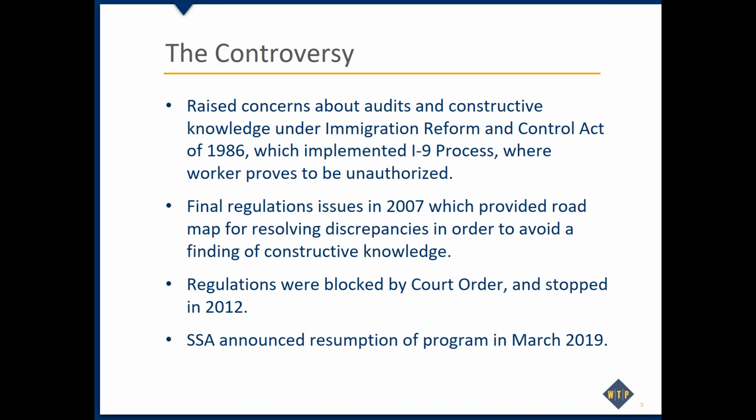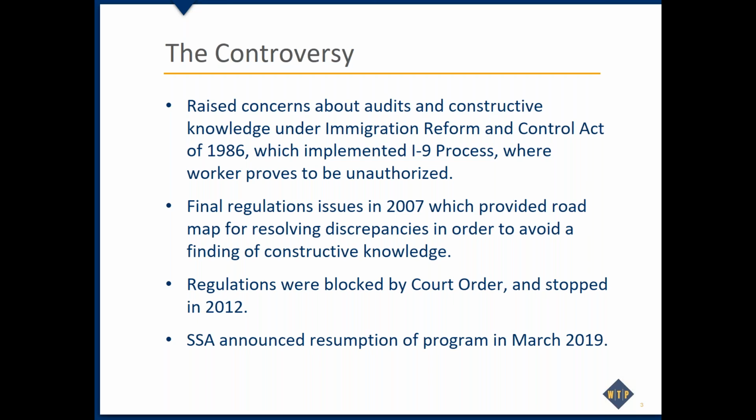In order to address this concern, there were final regulations issued by the government in 2007, which provided a roadmap for resolving discrepancies between Social Security numbers and the individual employee names, so as to avoid a finding of constructive knowledge.